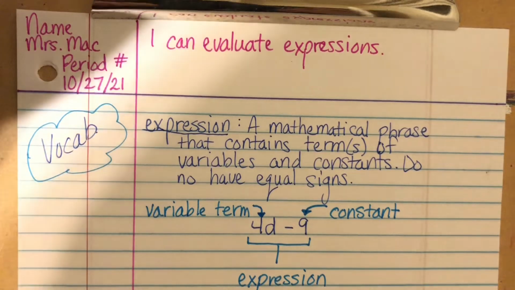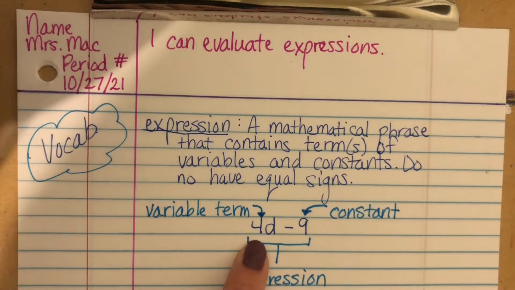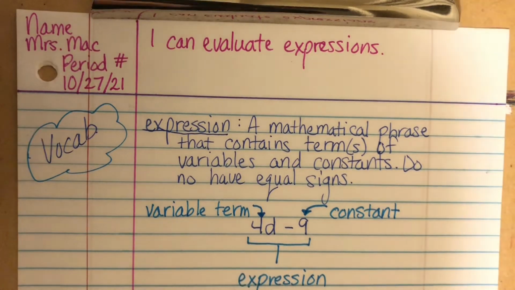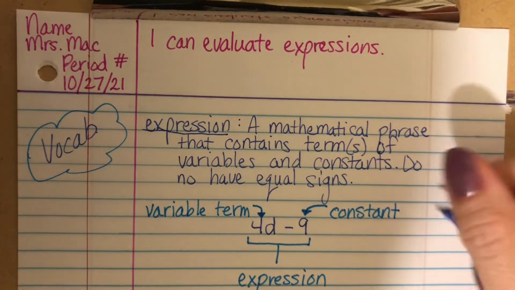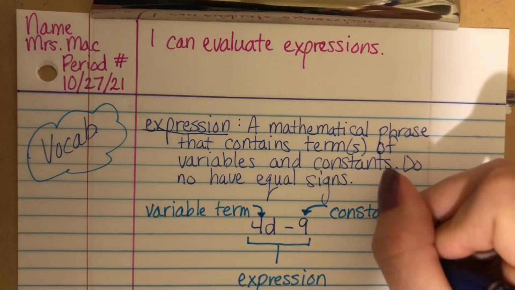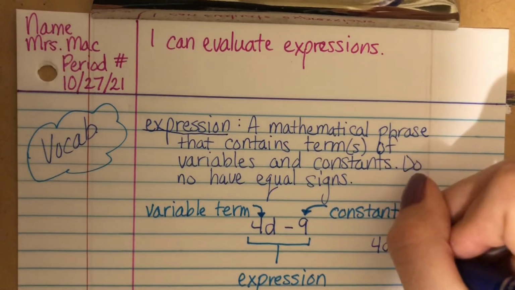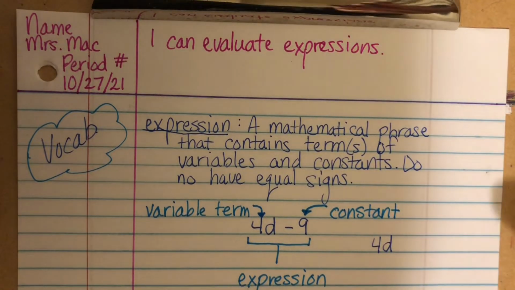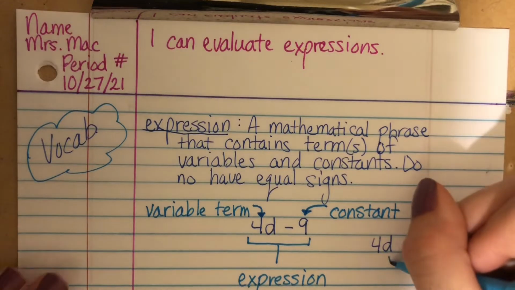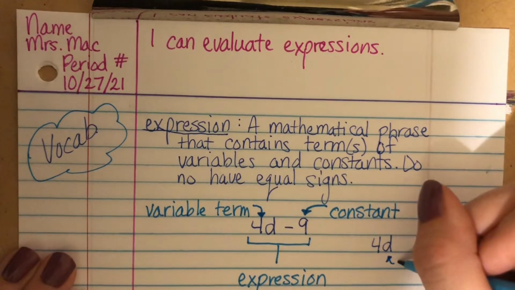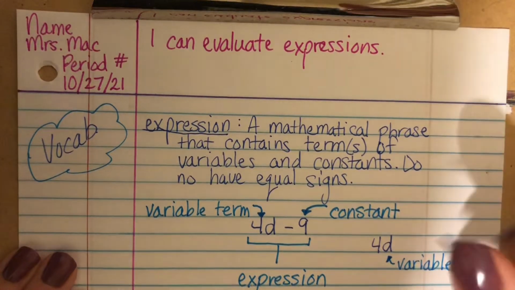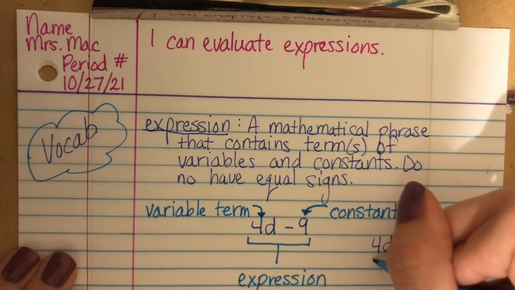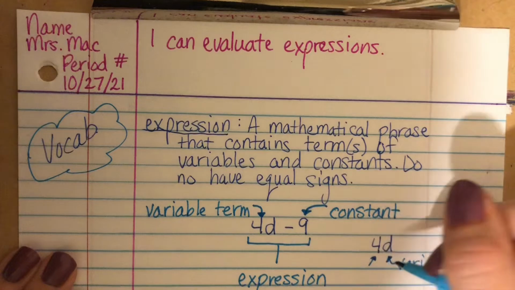And when you're looking closer at the variable term here, actually let me go off to the side so we can talk about it some more. Here, let's do 4D right here so that we can break this down even further. Okay, this is your variable, obviously. And this right here is your coefficient.